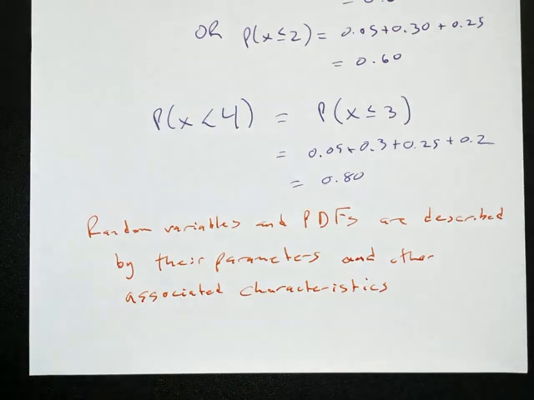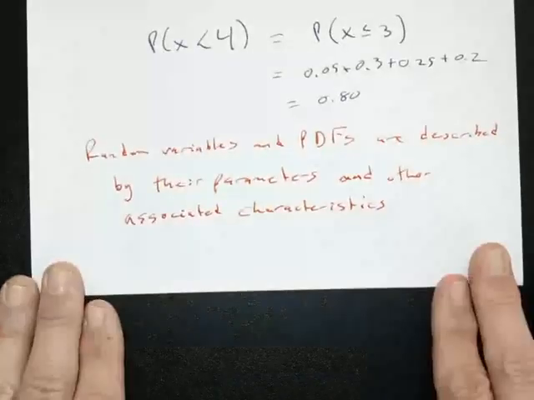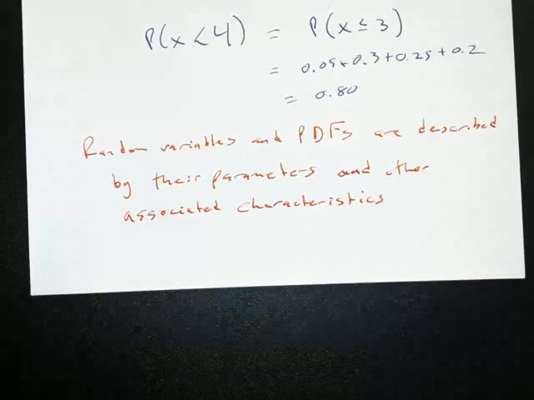Once I know what those associated characteristics are and what the parameters are in my population, I can then say, oh, this sort of a formula, this sort of a chart, this sort of an idea will be the most helpful for a particular PDF or CDF.